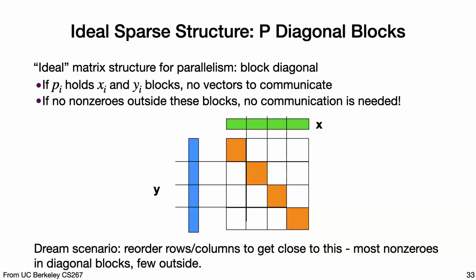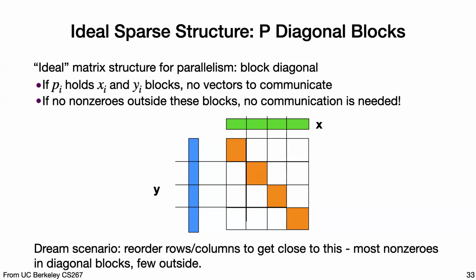In the sparse case, previously, when we had dense matrices, all of this was covered. If you cut it by rows and columns, you may have to do this reduction horizontally in the end to get the right value in Y. And in some sense, the ideal case for sparsity is if all the non-zeros are just in this diagonal here.